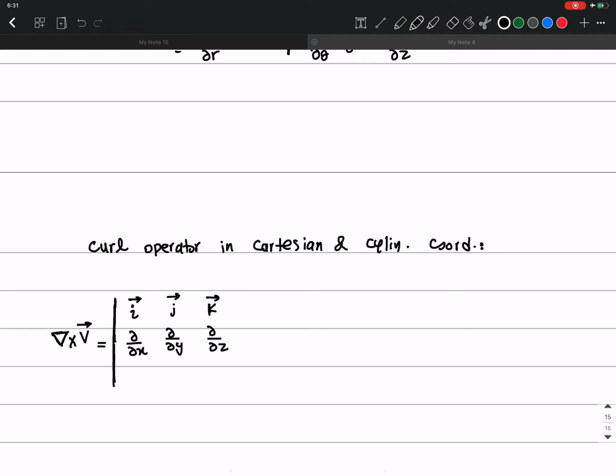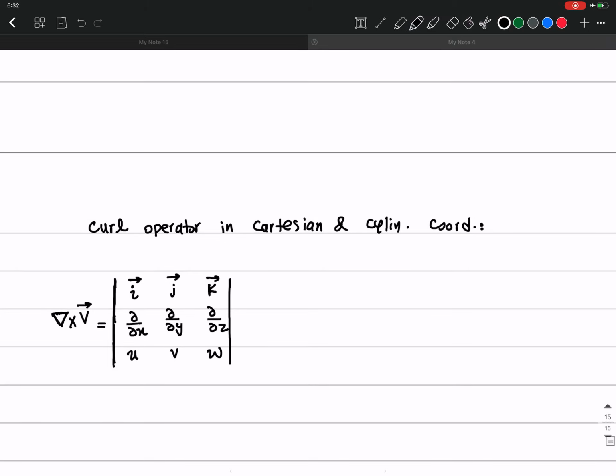And then the second one is the velocity vector, which is going to be u, v, w, right? So this is in the Cartesian coordinate system.